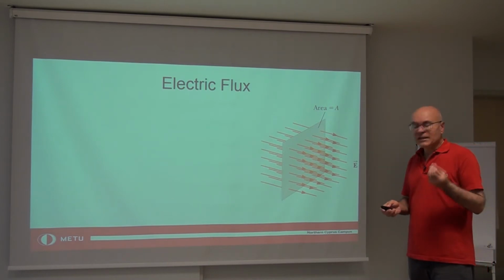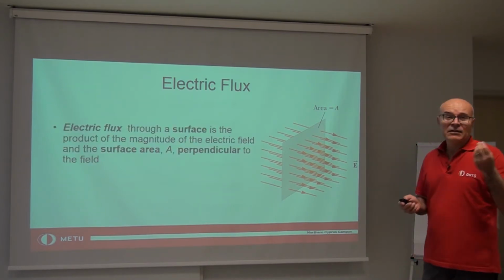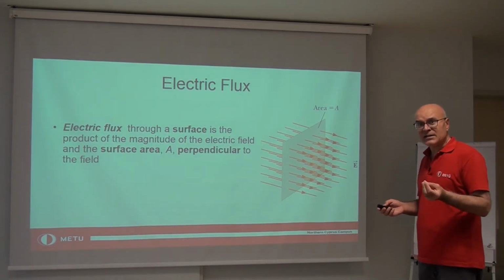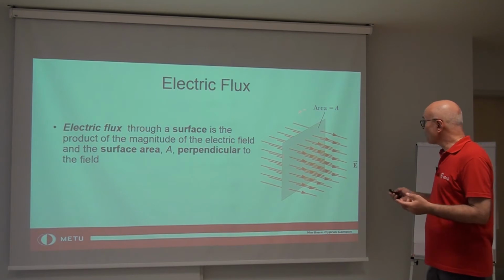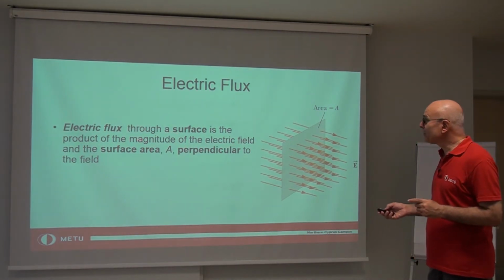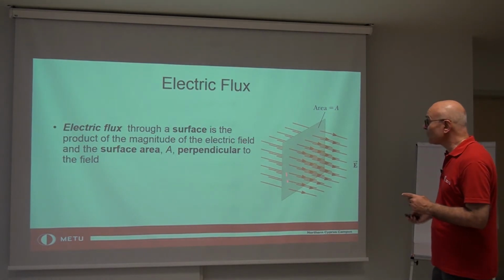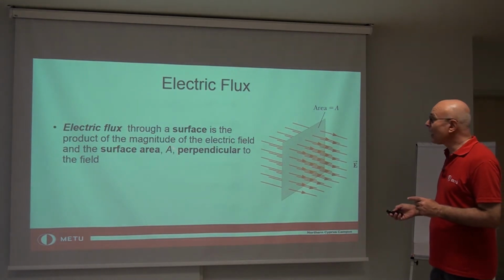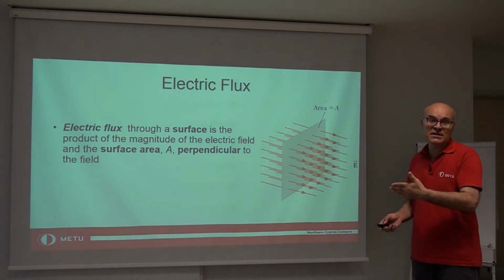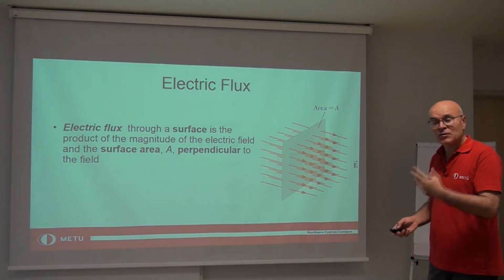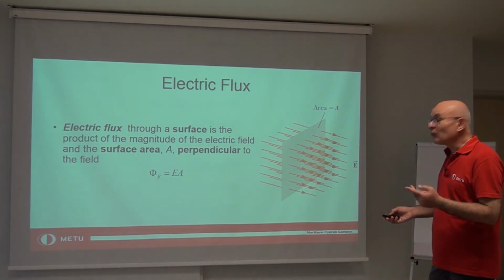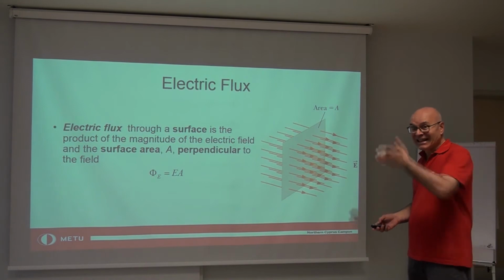Now, the quantity of interest for us now is the electric flux. The electric flux of the electric field through this surface is defined as the product of the magnitude of the electric field at the surface multiplied by the surface area perpendicular to these lines. So it's a product between two quantities, E, which is the magnitude of the electric field at the surface.